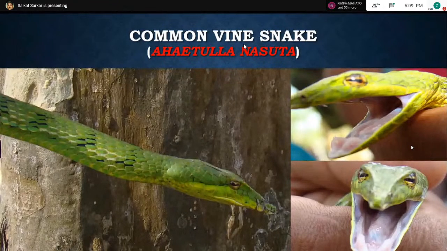Out of that reshuffling, we got many species of vine snakes, mainly through molecular diagnostics. Now this is one of them. This is found in West Bengal also, and these are back-fanged species.